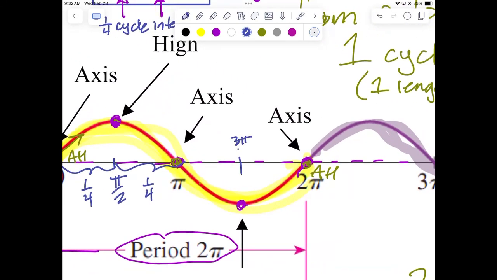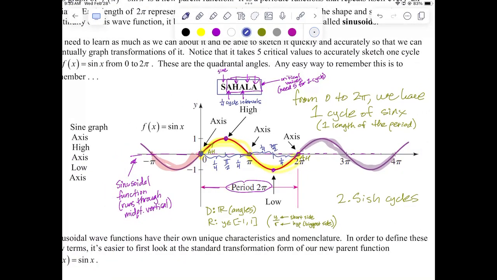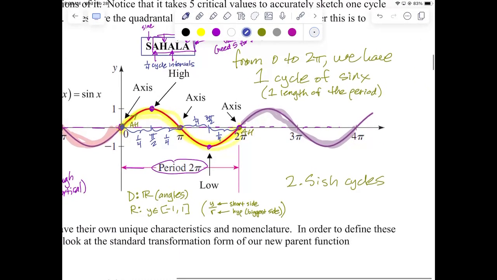From pi to 3 pi halves, that's another quarter of a cycle. And from 3 pi halves to 2 pi, that's another quarter of the cycle. It takes 4 quarters to make one whole, doesn't it? So the Sahala method, the critical values, gives you your quarter cycle counting interval. Okay? Pretty cool. There's one last thing I want to look at characteristic-wise.